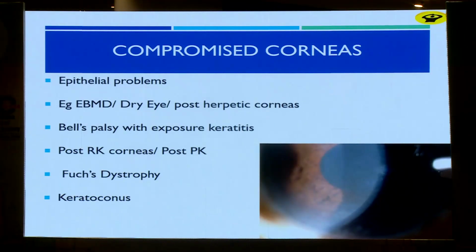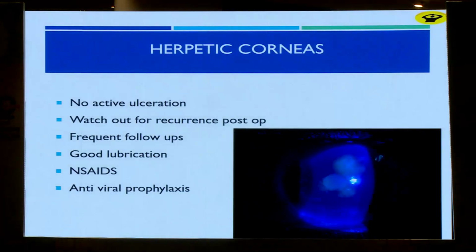Fuchs dystrophy is one of the most important indications because, the same way as the earlier cases, we tend to miss it. So make sure that the endothelium of every cataract patient is looked at, even with just an extra 3 or 5 seconds.